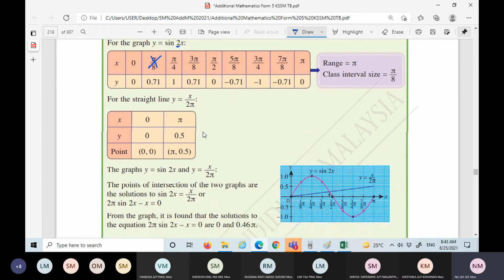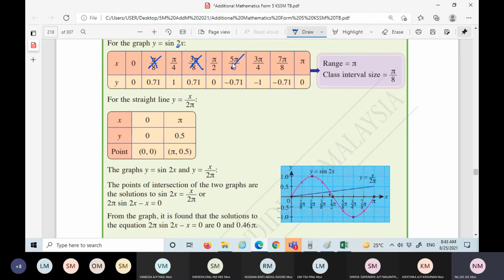But if you don't, it is okay. It is enough information for you to sketch the graph. So you just base it on these 5 points to get the trigo graph. Same thing: find the y value and then plot the graph.